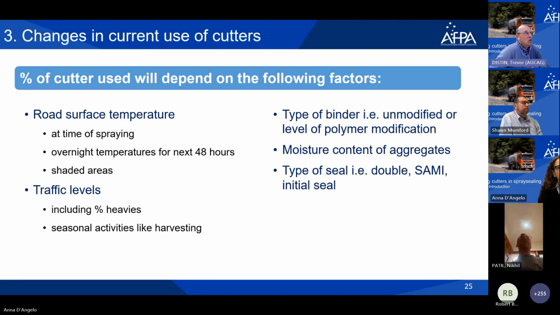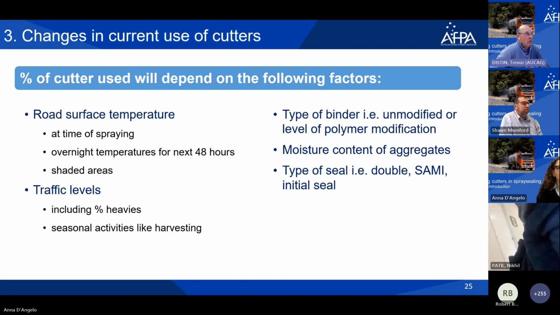So typically when you start in the morning, it'll be much lower, so you'll tend to use a higher percentage than you would use during the middle of the day. So it's always important to take note and monitor that change in pavement temperature so you can reduce your cutter and not just stick with the same percentage.